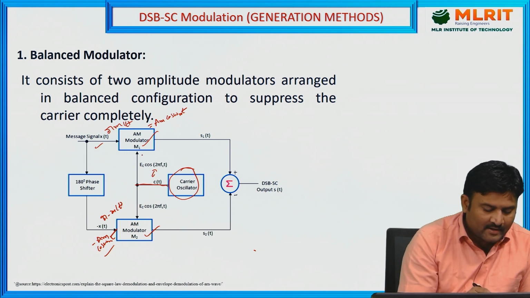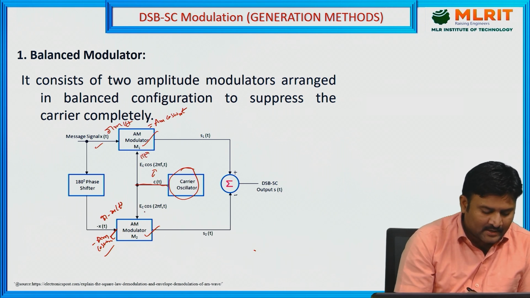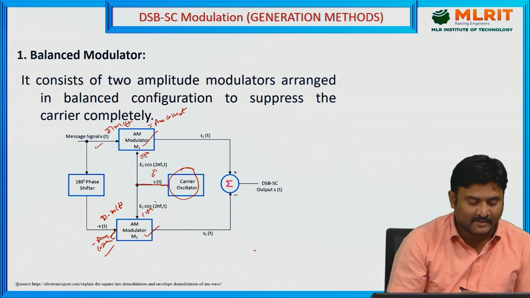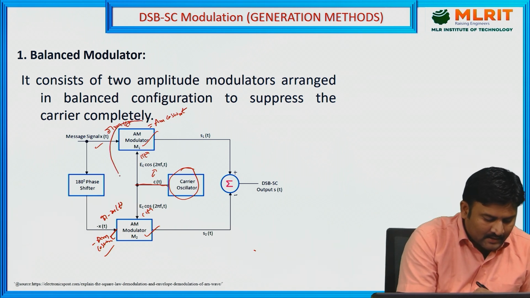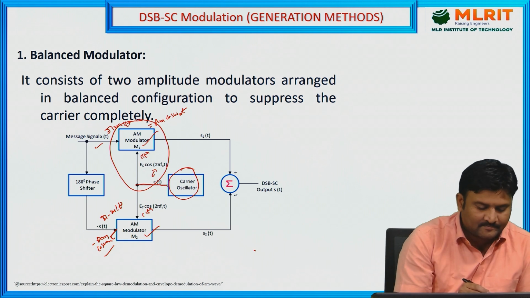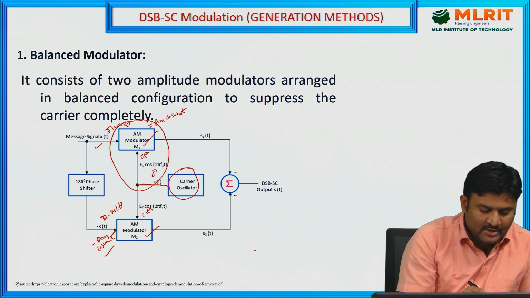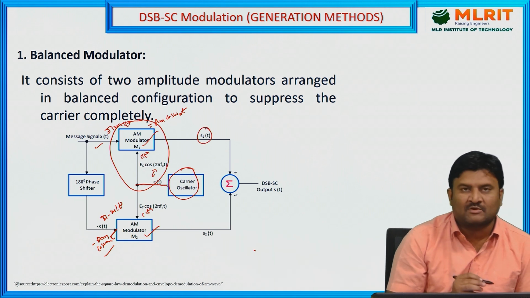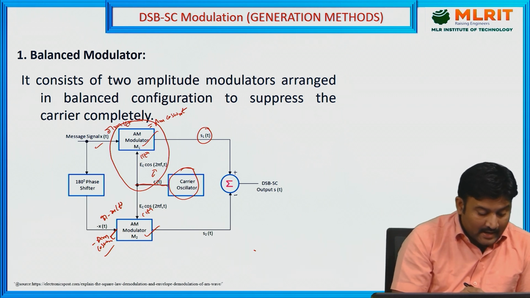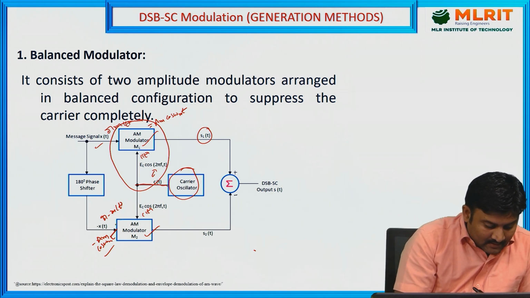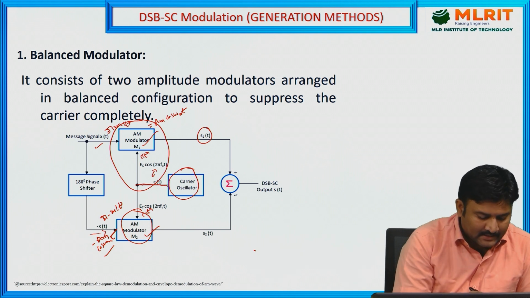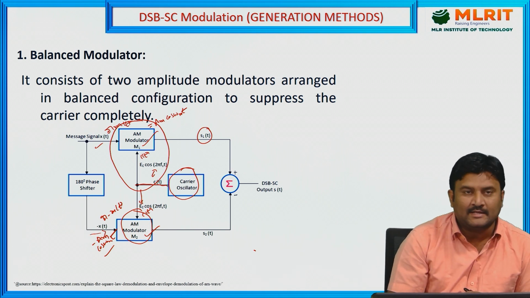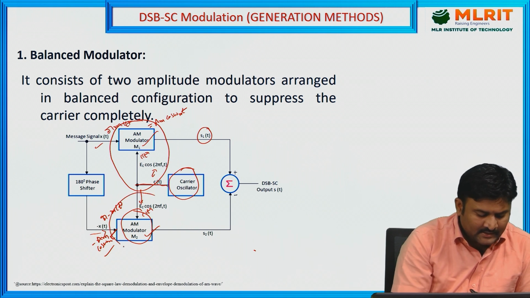Therefore, c(t) is one input here, and here also c(t) is the other input to modulator 2. From the M1 point of view, m(t) into c(t) is equal to s1(t). And at AM modulator 2, the message signal is minus m(t) and c(t) is also the carrier. Then here also it is DSB-SC.